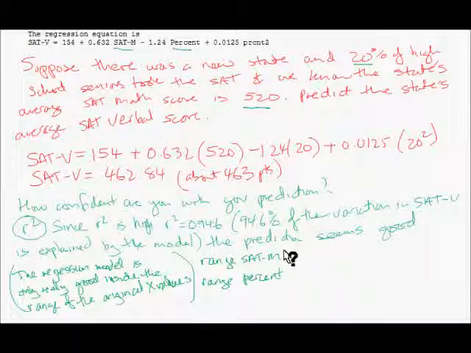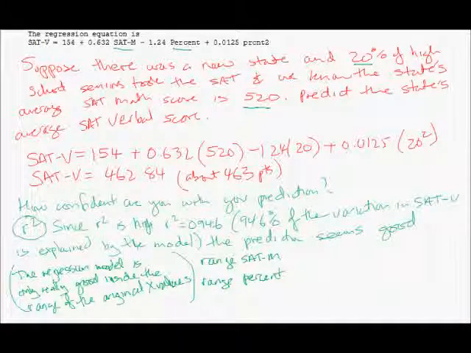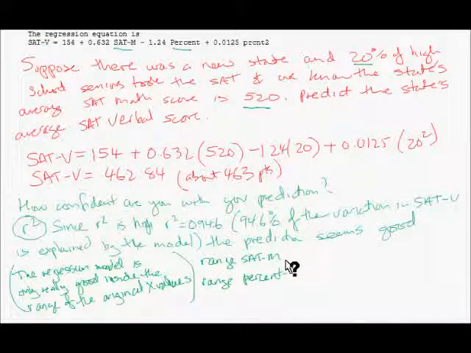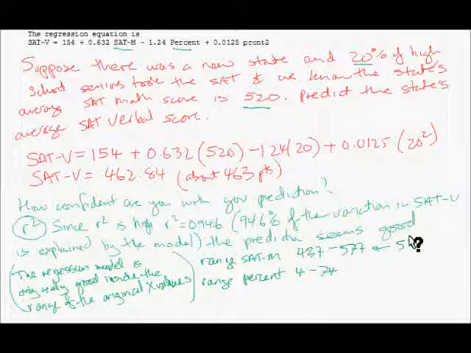It says 437 to 577, and percent was 4 to 74. So here we're okay. 520 is in there, and 20% is in here.